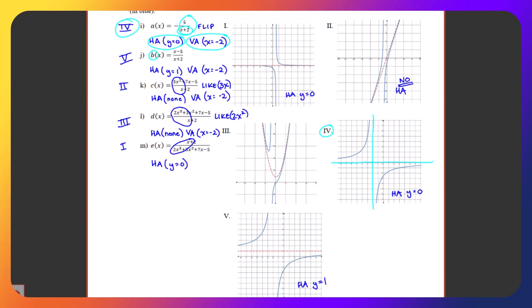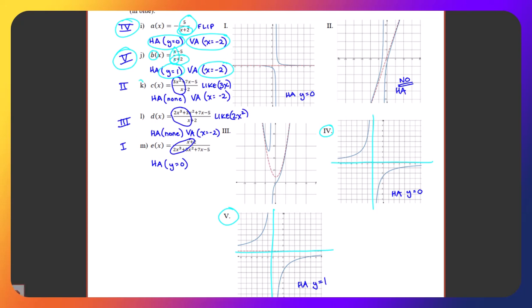In B, the degrees are the same, so it's same. The ratio of the coefficients is 1 over 1, which is 1, y equals 1. To make the denominator 0, x is again -2. So 1 for the horizontal asymptote, -2 for the vertical asymptote. That's choice 5.